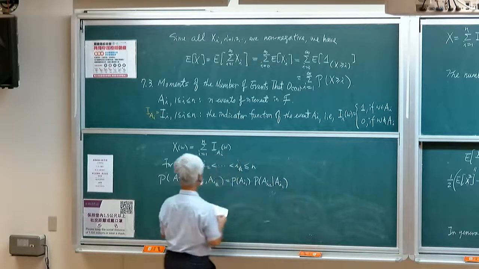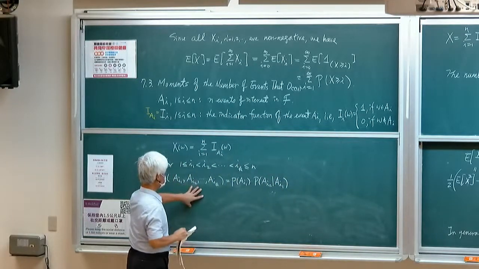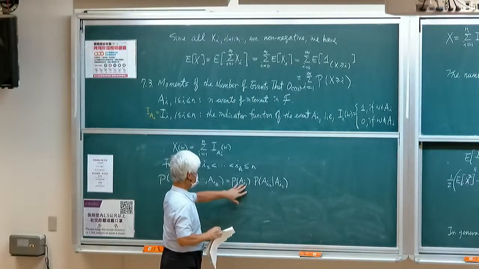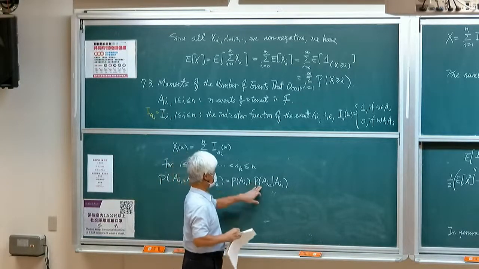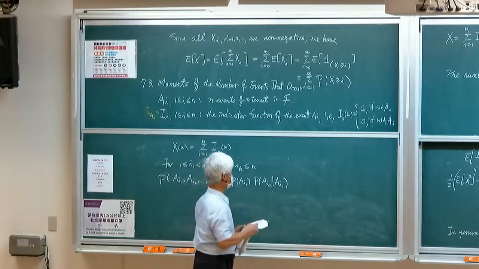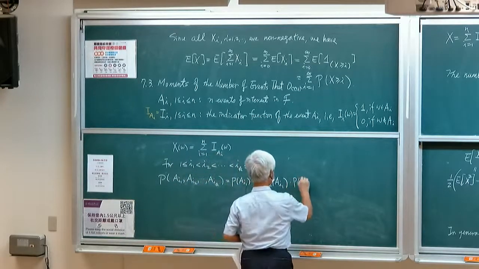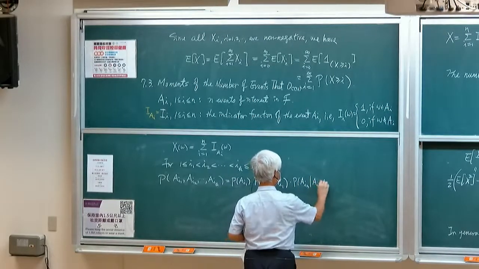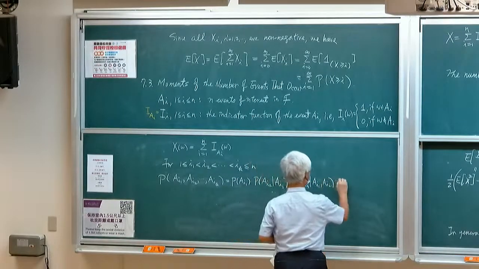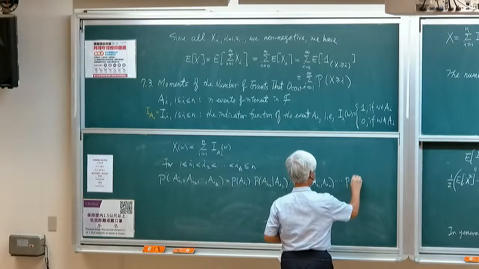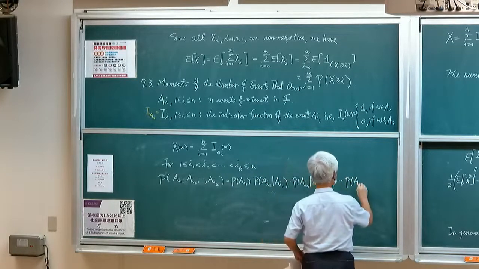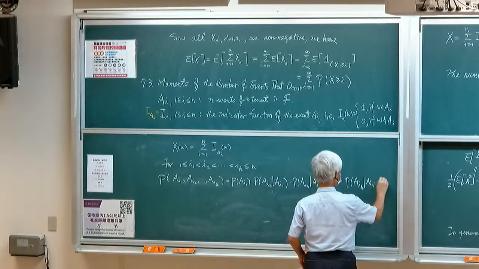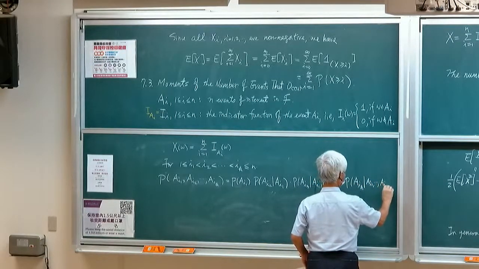So this joint probability is equal to the probability of A_i1, times the conditional probability of A_i2 given A_i1, times the probability of A_i3 given A_i1 and A_i2, up to the conditional probability of A_ik given A_i1 up to A_i(k minus 1).